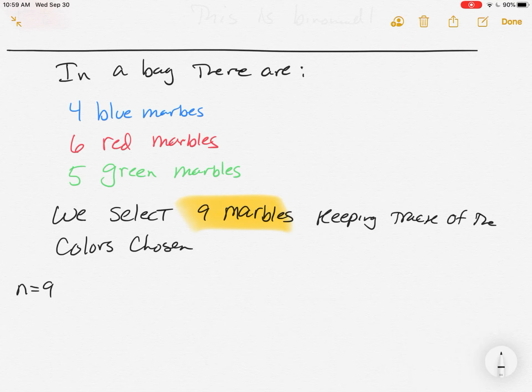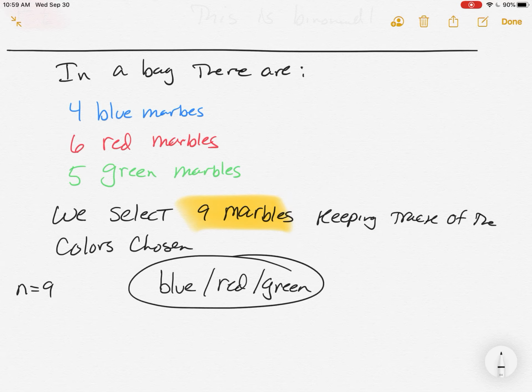N is 9. On one pick of a marble, what are the options that are present? Blue, right? Red, and green. That's a problem. That's 3, which is not 2. So this is not binomial.